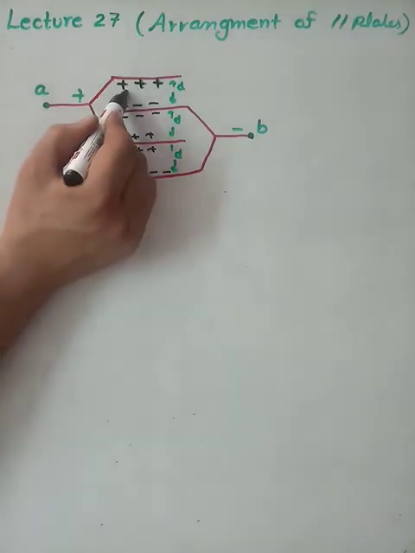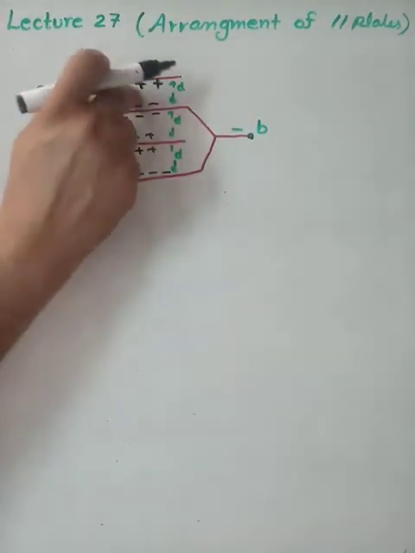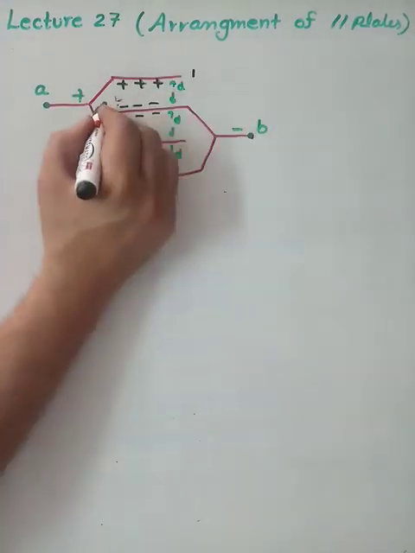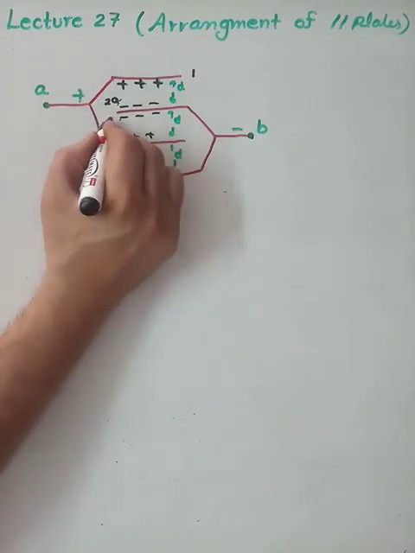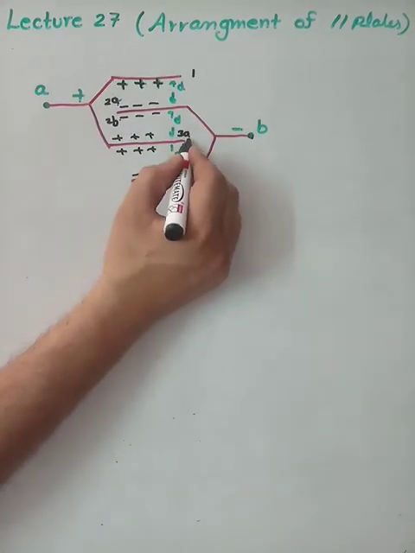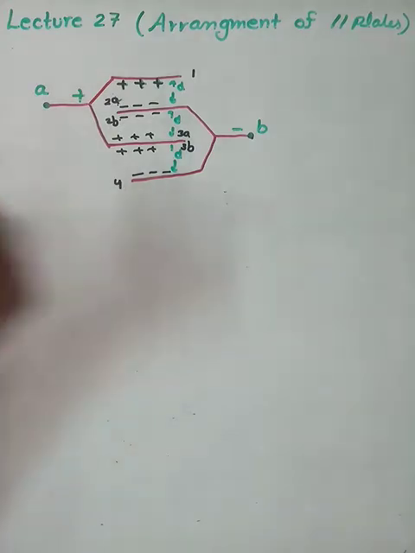Therefore, this is one capacitor, 1. This can be taken as 2A, this as 2B, this as 3A, this as 3B, and this is 4.